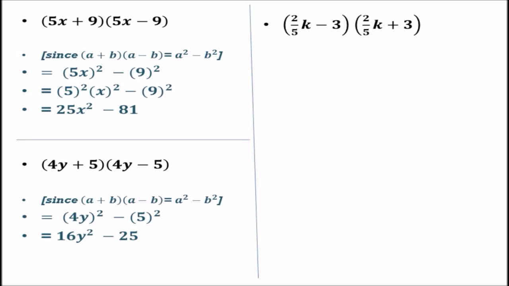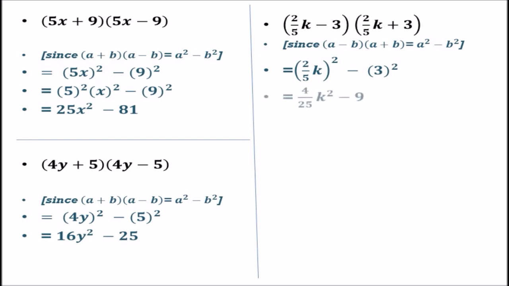So we just need to make a minor change in the formula. Since a minus b is coming first, (a minus b) into (a plus b), the identity will remain the same, equals a square minus b square. So (2 by 5 k) whole square minus 3 square, a square minus b square.